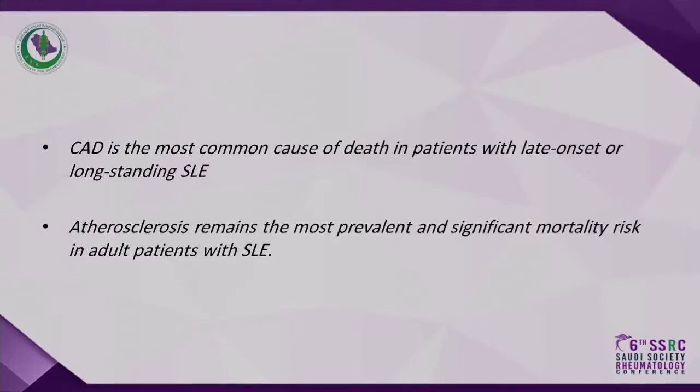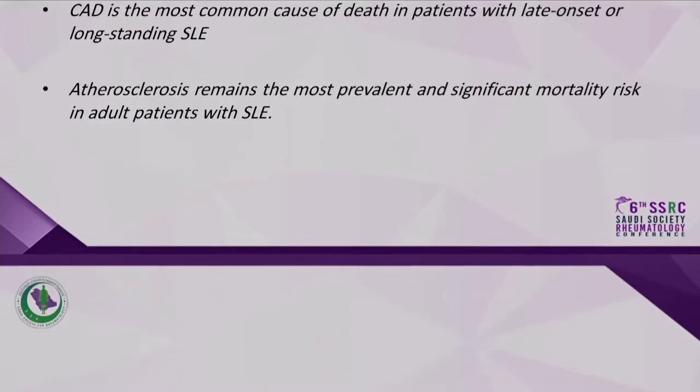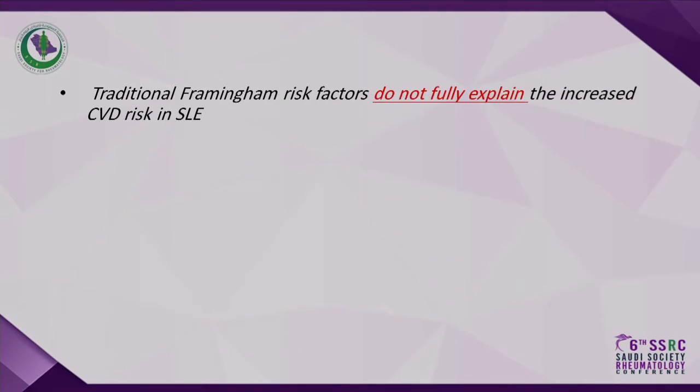So coronary artery disease is a major cause of death in lupus patients, particularly those with late onset or long-standing SLE. And then we should think about the risk factors for atherosclerosis. The traditional risk factors do not explain this high risk in lupus patients.